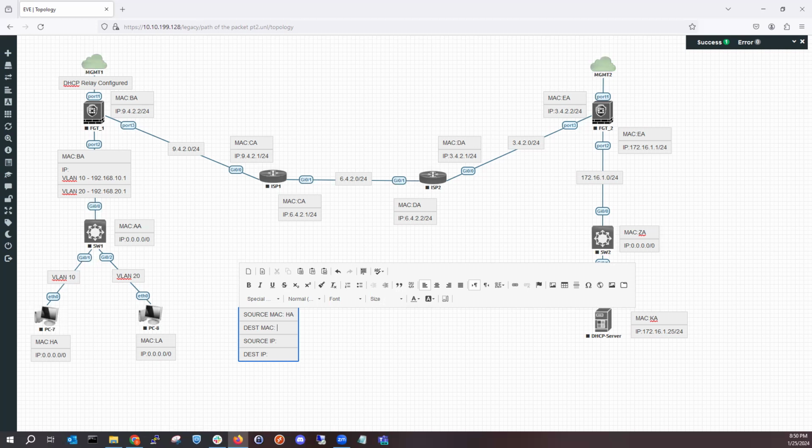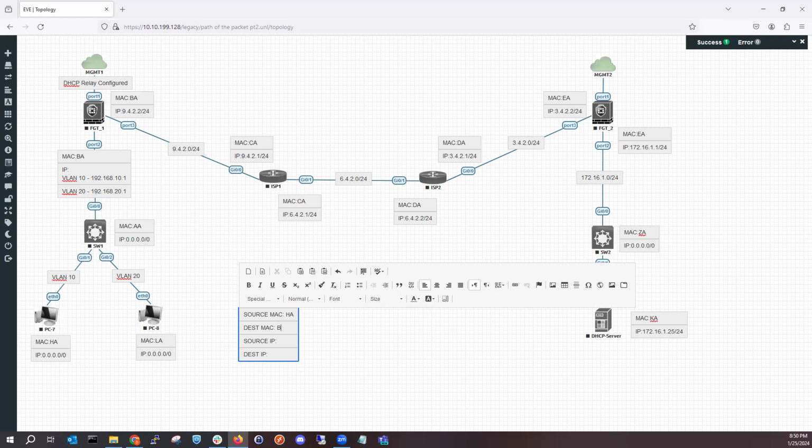It should go to the firewall first. What is the IP address of the firewall? Still at layer two. Sorry, my fault, what's the destination MAC address? If that's the case, then the destination MAC address would be BA.